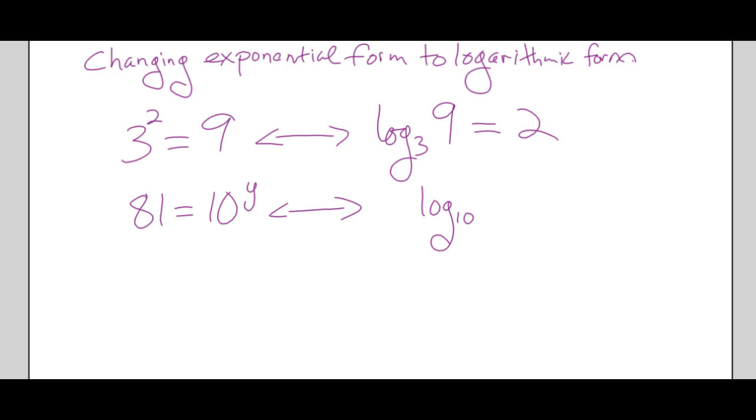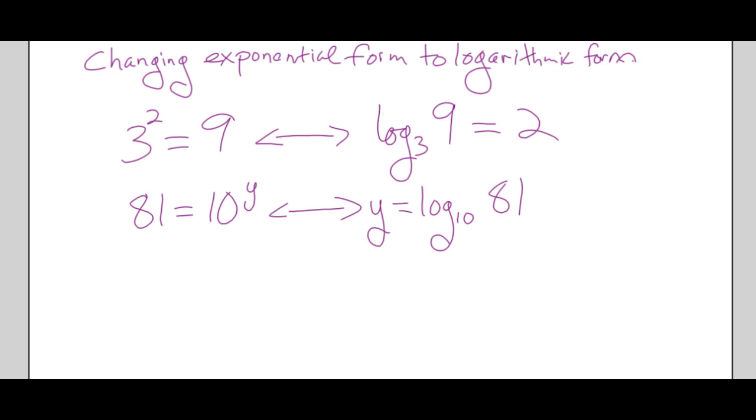Base 10. You don't really have to write that, because if you don't write it, we're just going to assume it's a 10. Log base 10. What value do we end up with? And what's the exponent that we raise the base 10 to in order to get 81? y. So you could write y equals log base 10 of 81, or you could write log base 10 of 81 equals y. It doesn't matter what order it comes in.